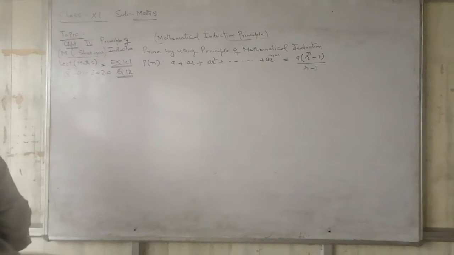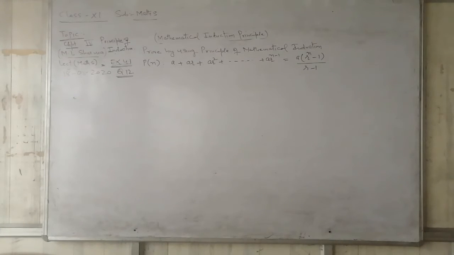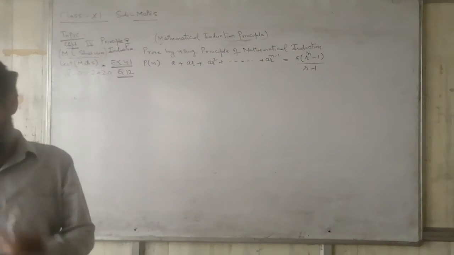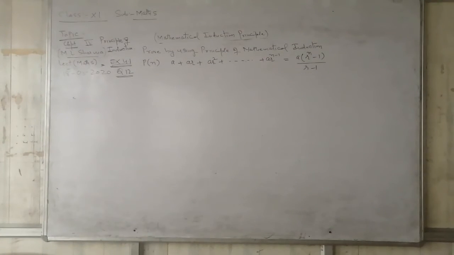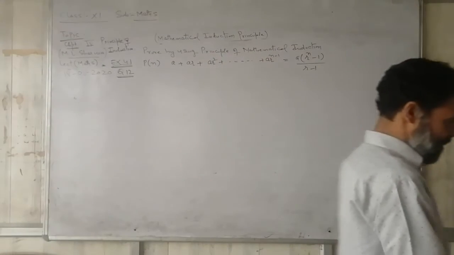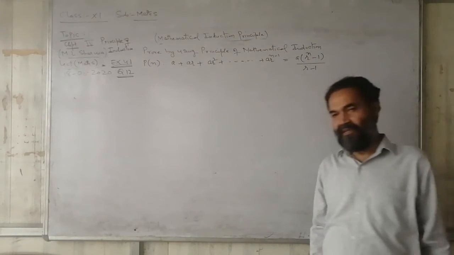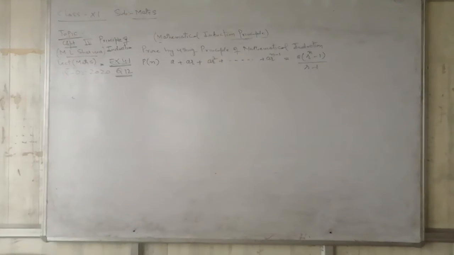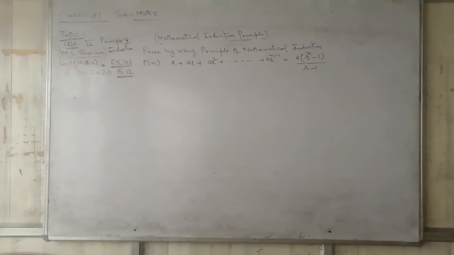So this is a mathematical statement given, and we have to show whether it is correct and valid, and to check its validity we have to use the principle of mathematical induction.